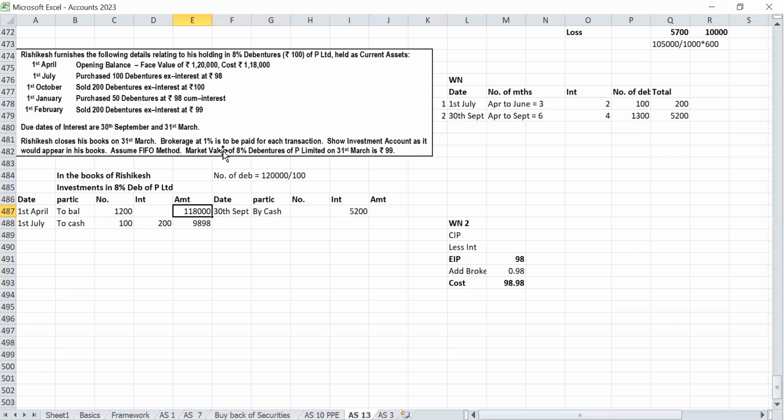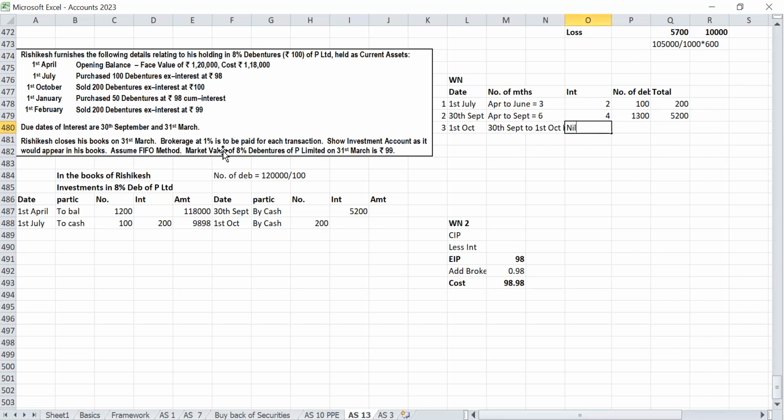Then 1st October, sold, 200 debentures. Ex-interest. From 30th September to 1st October, interest is nil, so not applicable.